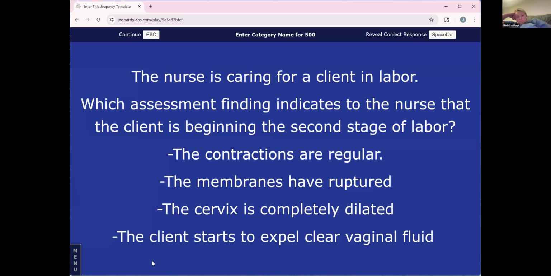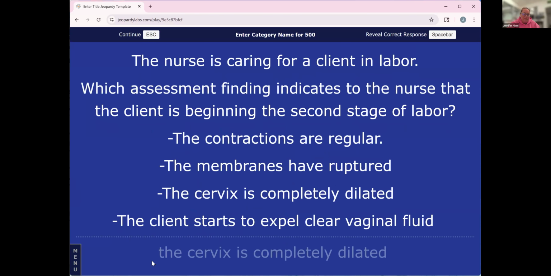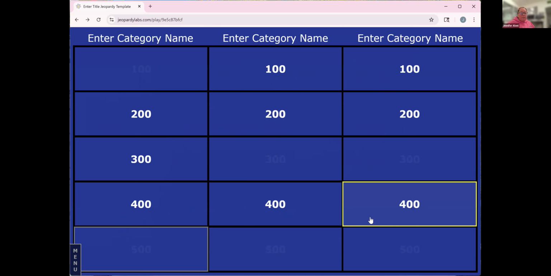A. Completely dilated. All right, everybody thinks completely dilated, and you are right. That is our second stage of labor when you're completely dilated. There is no question about it there. Membranes have ruptured, contractions regular, who cares? And this just means expels clear fluid. That means that their water broke. So we know that's not second stage. Okie doke. Go for it.